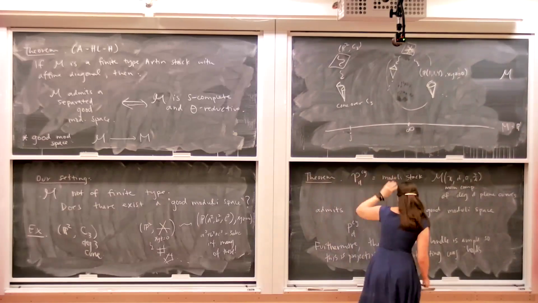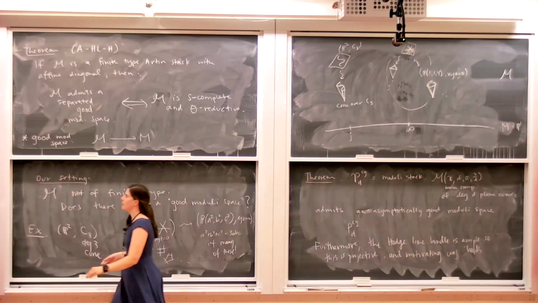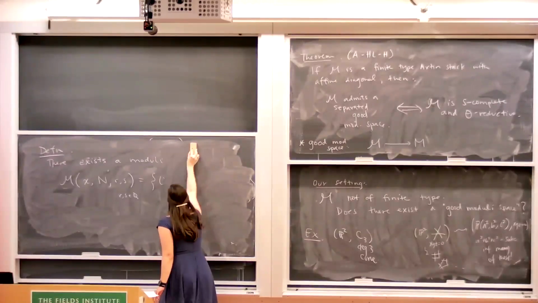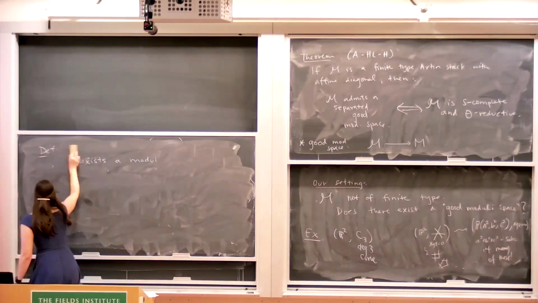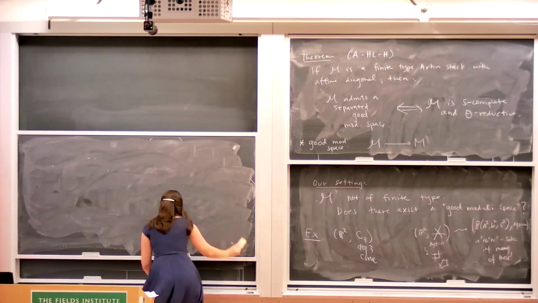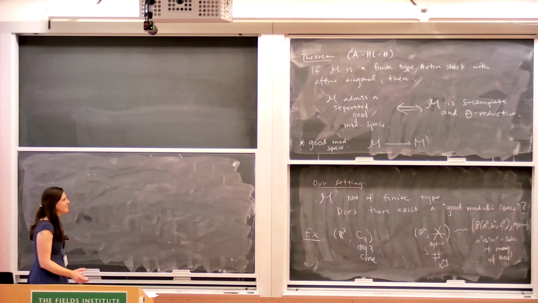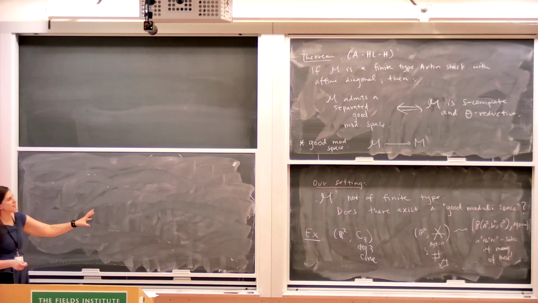So the key to proving this theorem is two pieces. Namely, one, we can prove that, I guess these words I just threw out to James, the regularity or the dimension of the source, or the type, as long as that is controlled, there just exists a good moduli space.